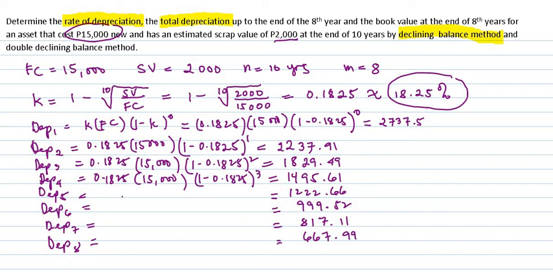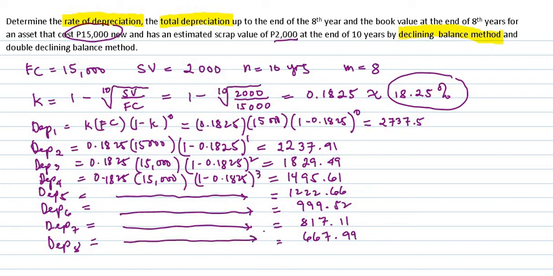So same procedure with the first, second, third, fourth depreciation. So I will just leave the computation. Instead, I will write the answer. So when we sum up this one, that is now the total depreciation after 8 years. Total depreciation for 8 years.